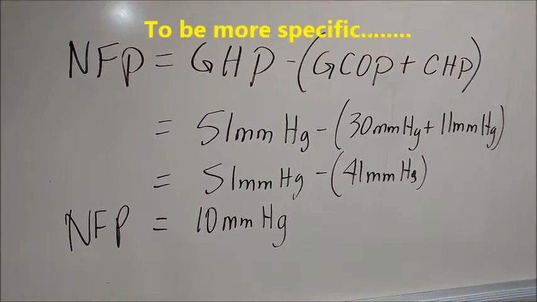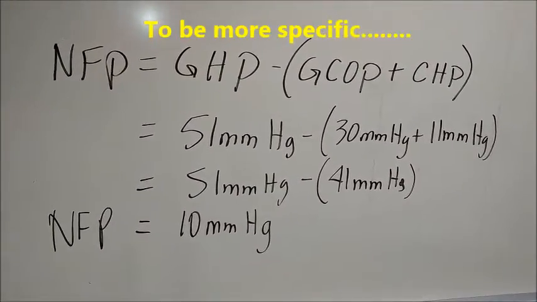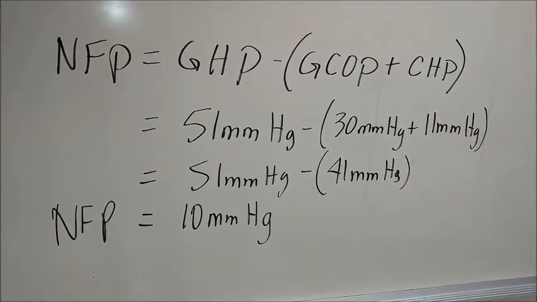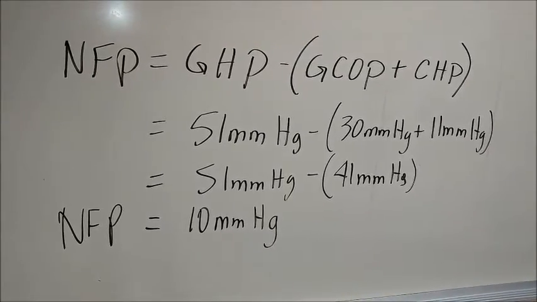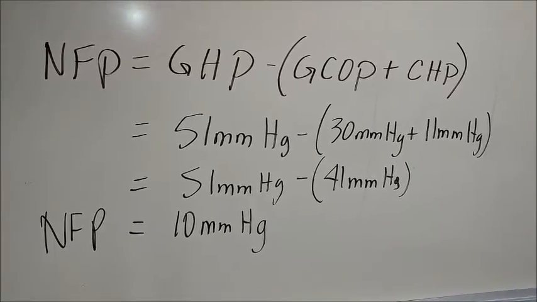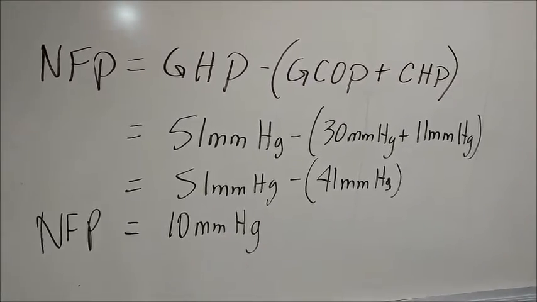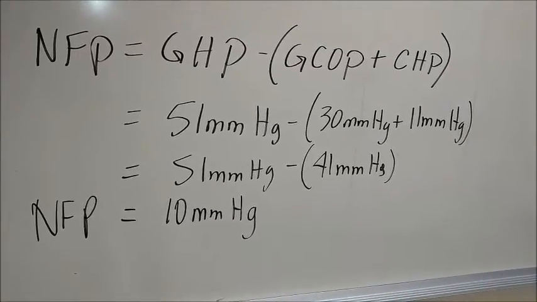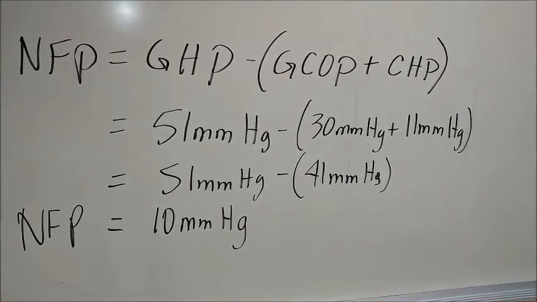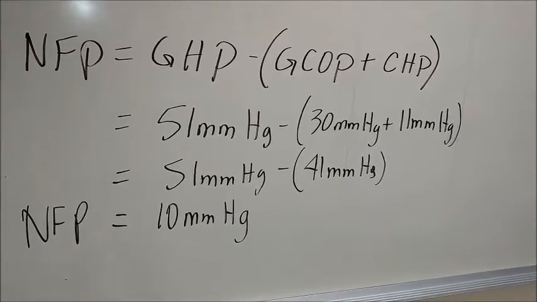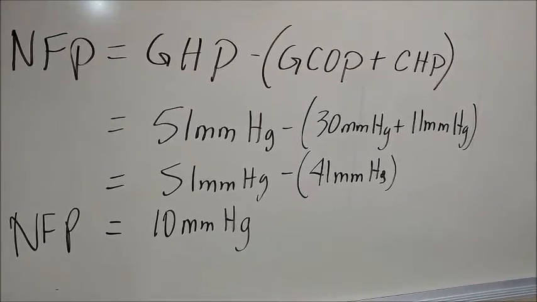The net filtration pressure is calculated by taking the glomerular hydrostatic pressure, that's the pressure pushing out of the glomerulus, kind of like water coming out at the end of a water hose, minus the sum of the glomerular colloid osmotic pressure, that's the pressure of albumin and other proteins in the blood, added to the capsular hydrostatic pressure, which is the resistance in the capsule itself.